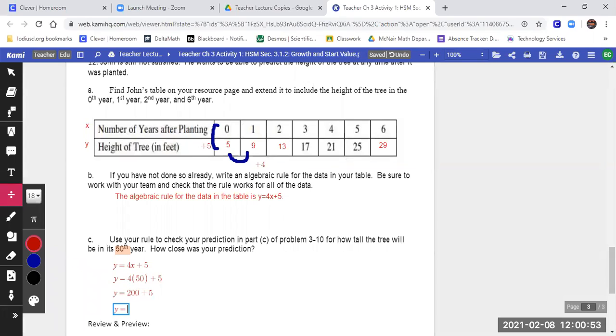So how tall is the tree supposed to be? 205 feet. Okay.